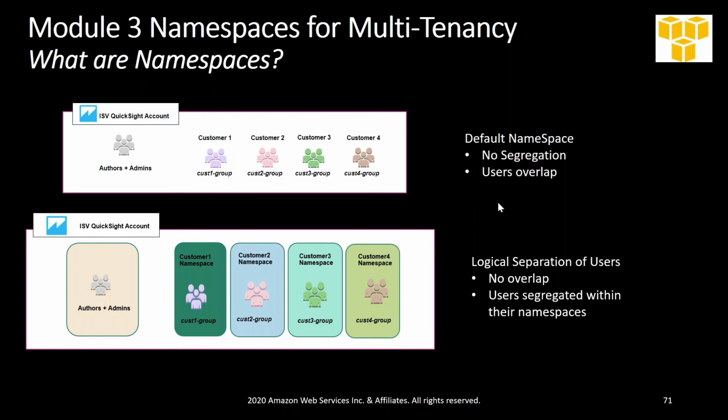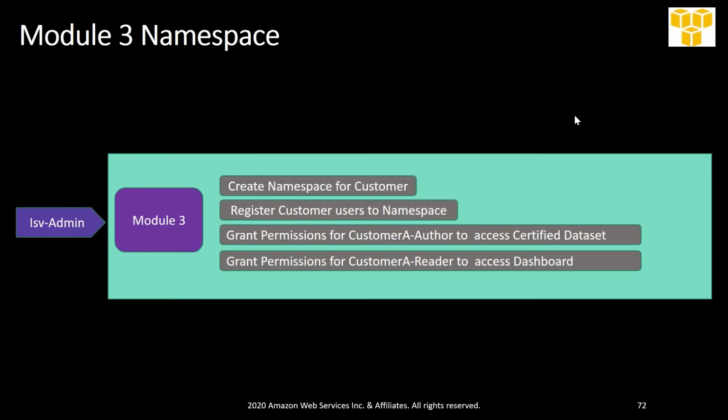And right now, you cannot access namespaces from within the console. You can only do it using the API. So that's what we are going to carry out in this lab. We'll create the namespace for the customer.